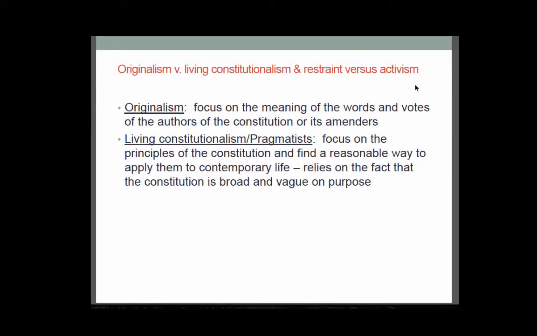So, the first of these dynamics is the idea of originalism versus living constitutionalism, or we might call pragmatism along the way. And this dynamic is one that's often battled over and talked about in the courts.